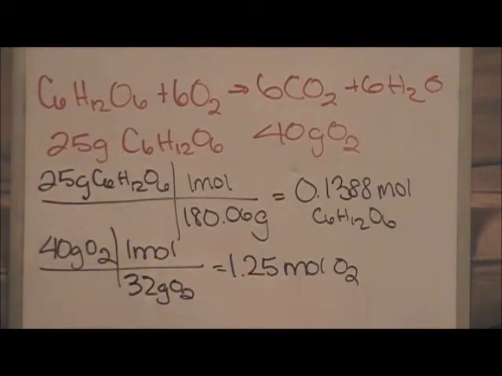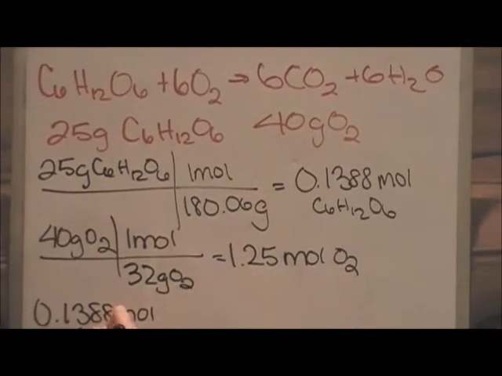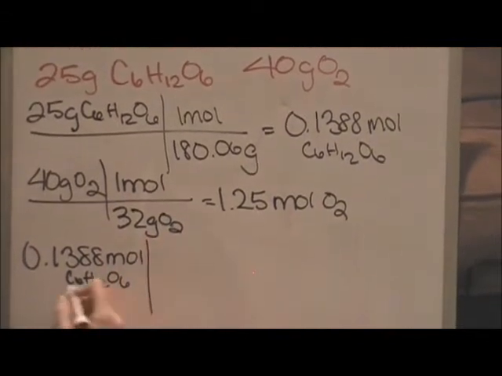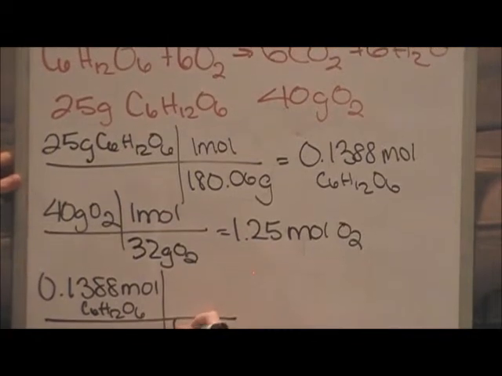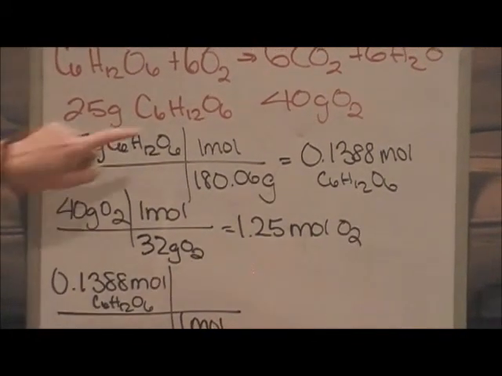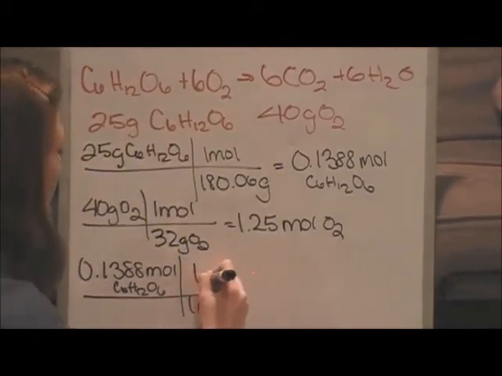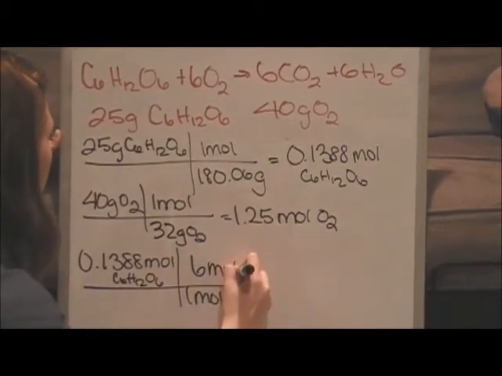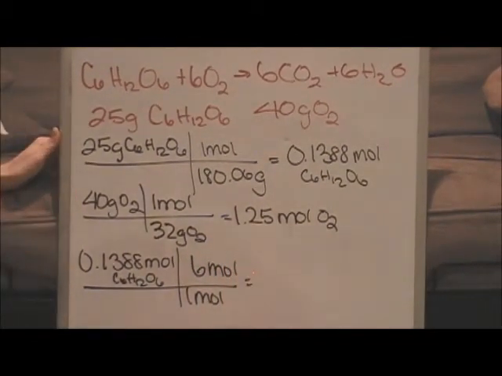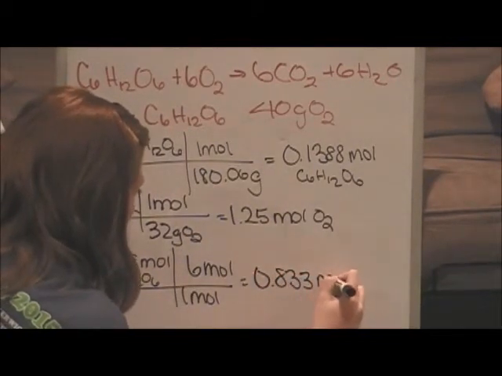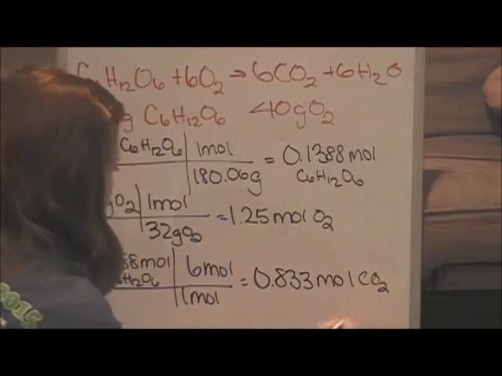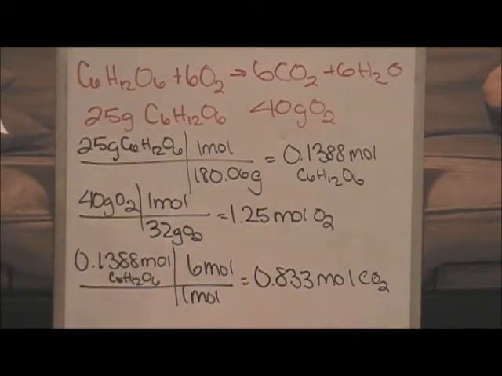We take 0.1388 moles of C6H12O6, and the number in front of that is a 1, and we convert that to CO2, which is a 6. When you calculate that, you get 0.833 moles of CO2.